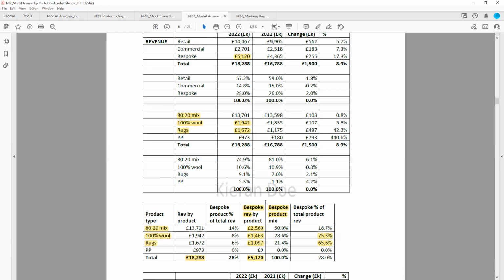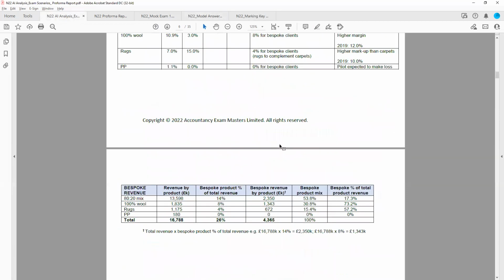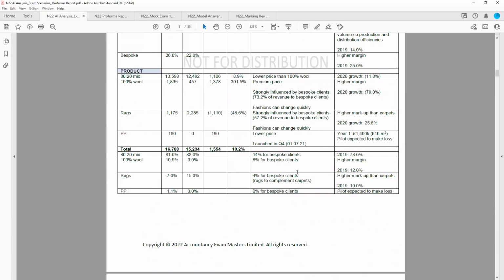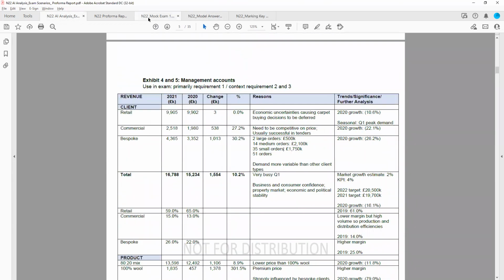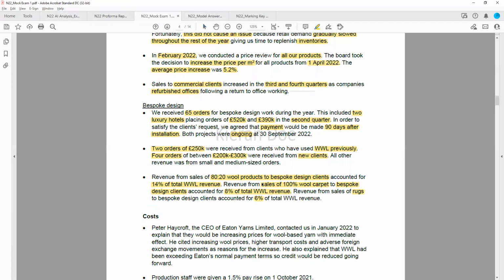And of course, we saw that in the AI, and we did that previous analysis, and we have that there, so we can compare it to the prior year. So that's definitely something I'd be looking to do when analysing bespoke, if you're given that effectively updated information of what bespoke's sales were by product.